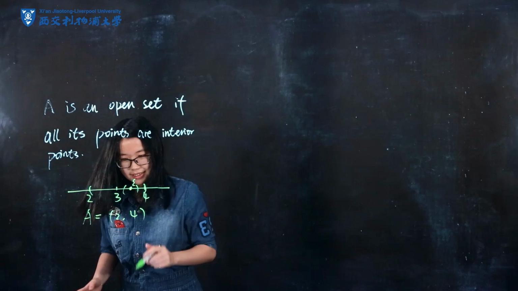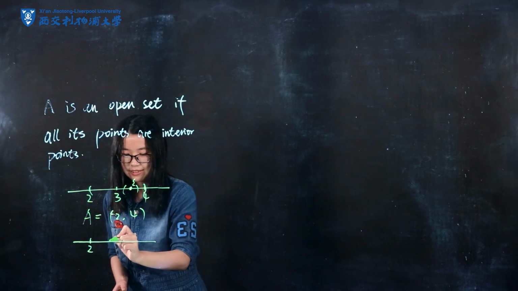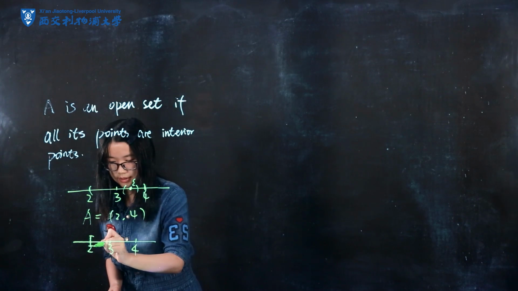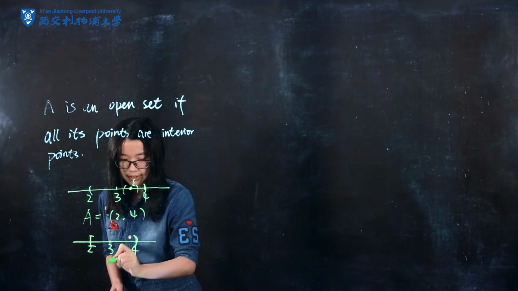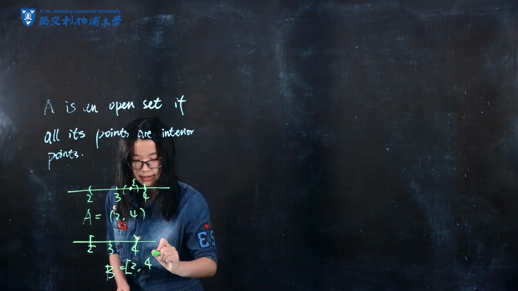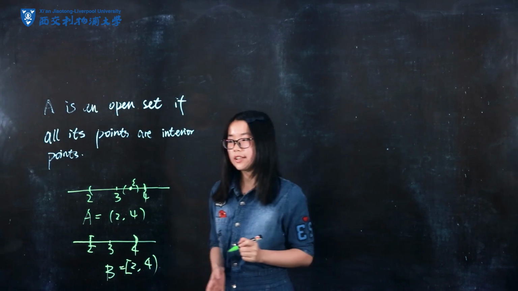But what about this one? If a set B is defined like this, the endpoint 2 is contained in B, but 4 is not.